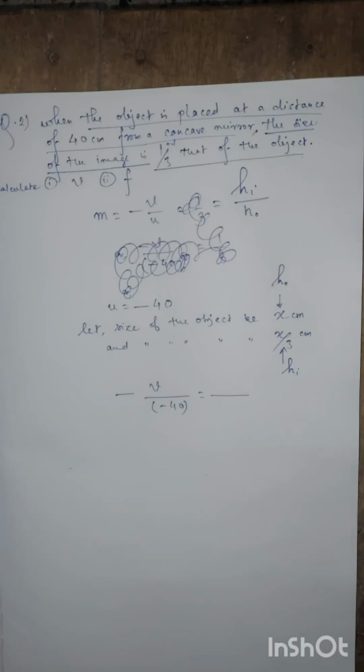For a concave mirror, the real image is formed below the principal axis.